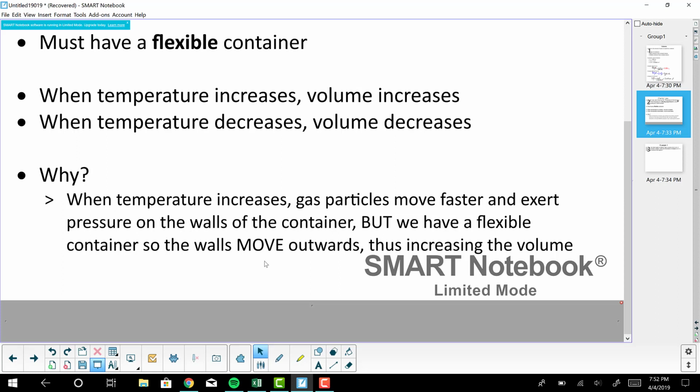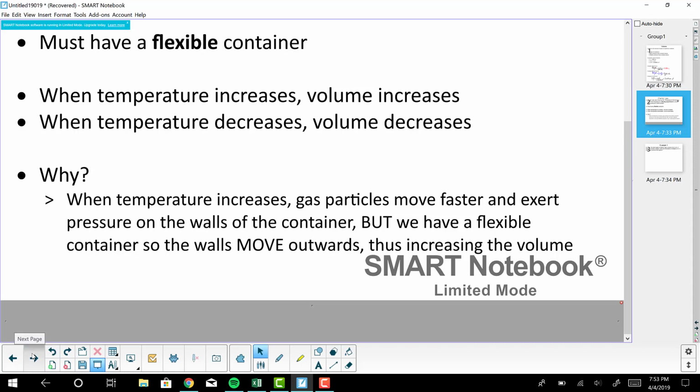I'll let you know, though, that when temperature decreases, the particles are moving slower, meaning that they are not colliding with the walls of the container as much, which means that normally pressure would go down. But pressure has to be kept constant, so the volume of the container decreases to account for that change in pressure. Very similarly to what you saw in the lab today when the can was crushed. All right. So those are the main bullet points having to do with Charles's Law.